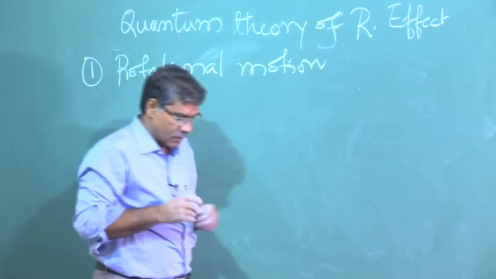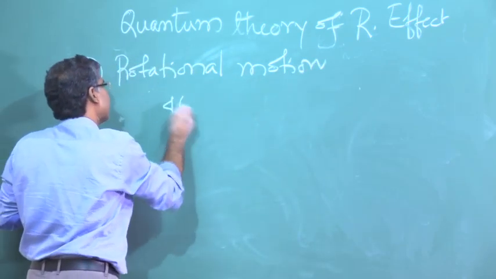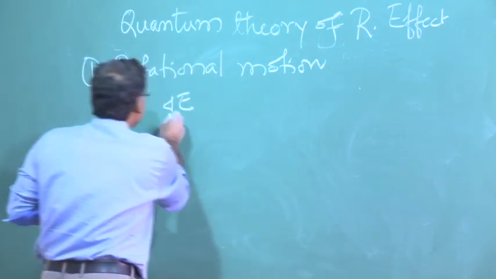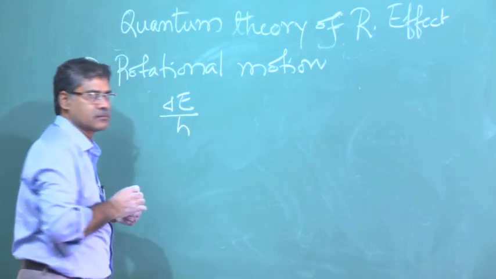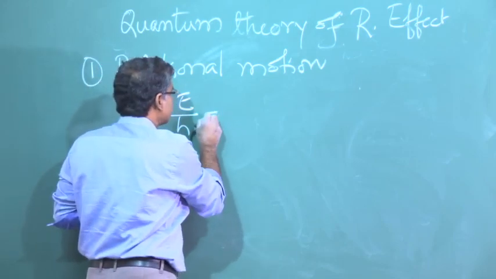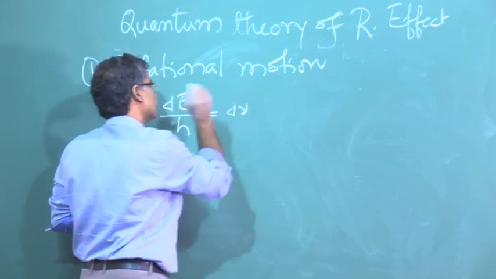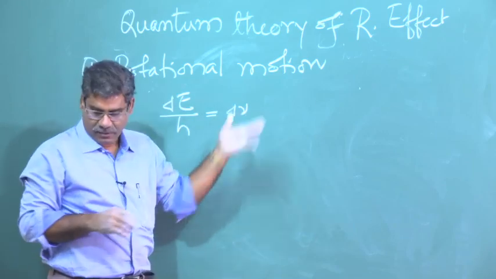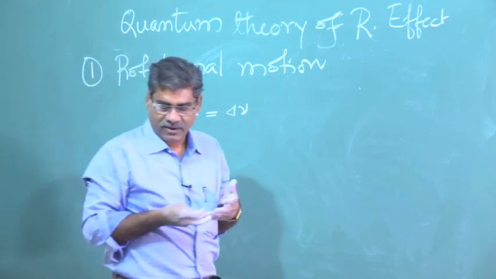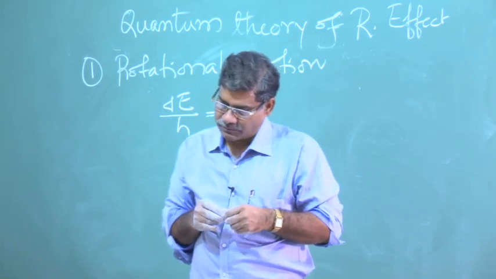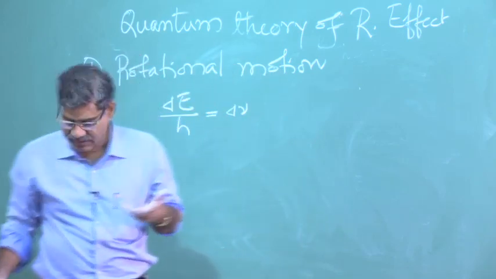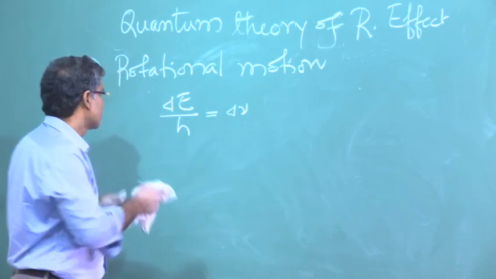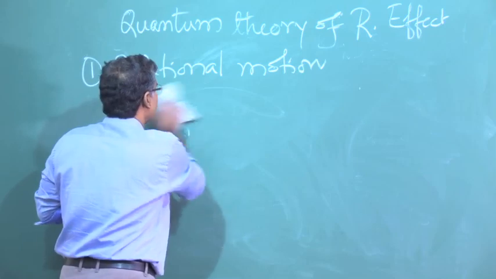As I told, this del E by h is basically del nu. Since we are familiar with the notations and energy levels, we are writing the same thing in wave number.